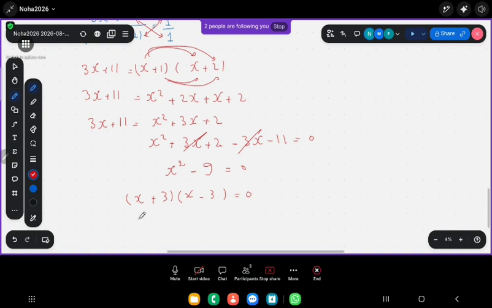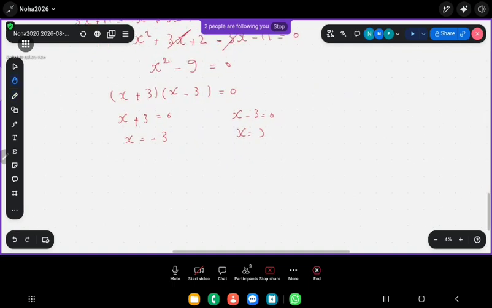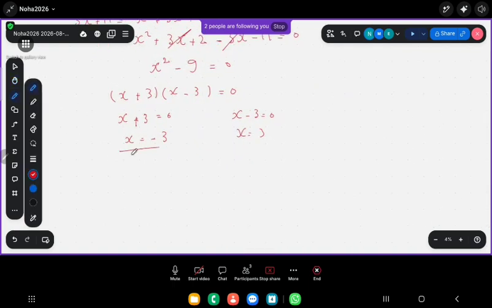Then you say x plus 3 equals 0, or x minus 3 equals 0. So x may be equal to negative 3 or x equals 3. And now you have solved the question. So your final answer: x equals negative 3 or x equals 3.